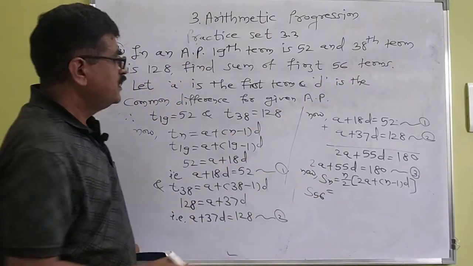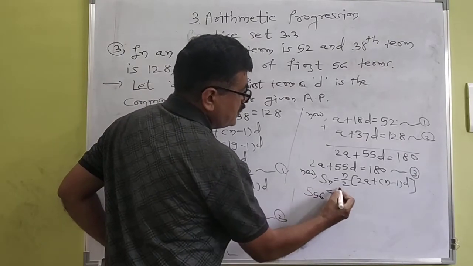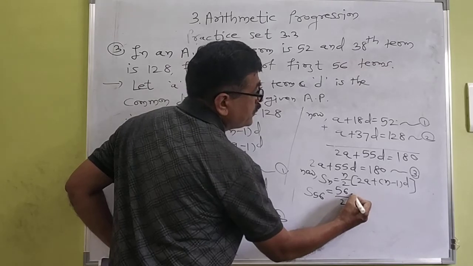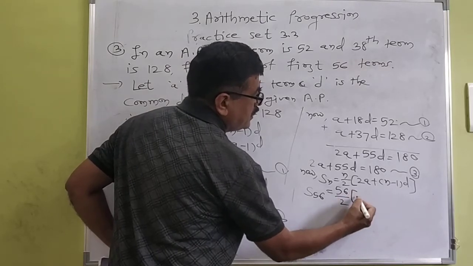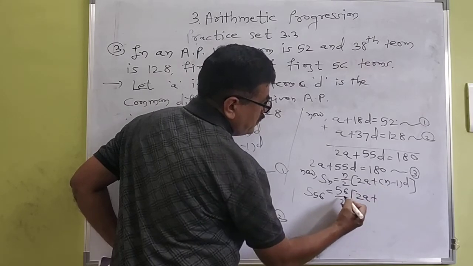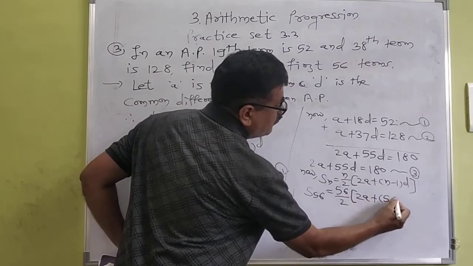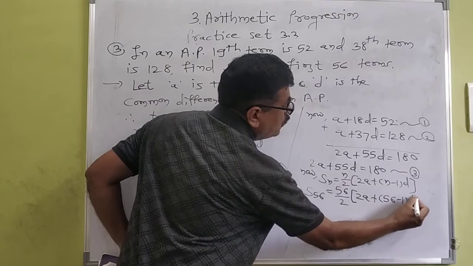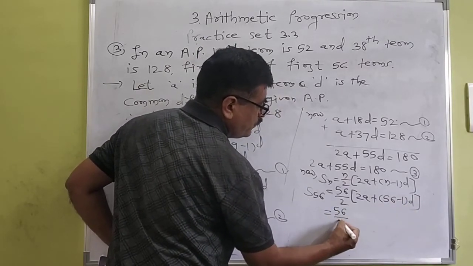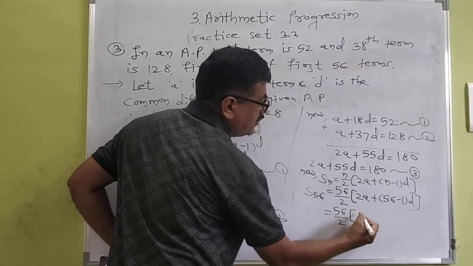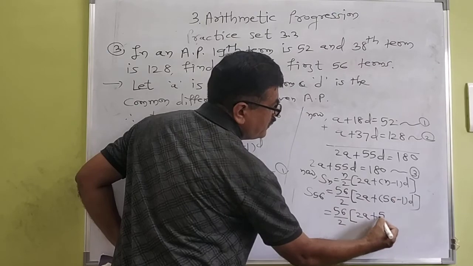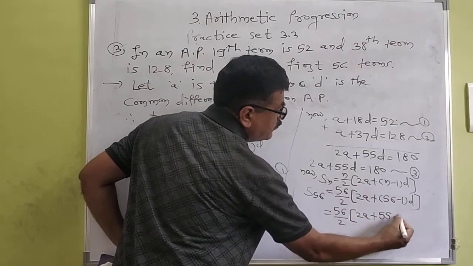Therefore S56 is equal to 56 upon 2 into bracket 2A plus 56 minus 1, that is 55D.